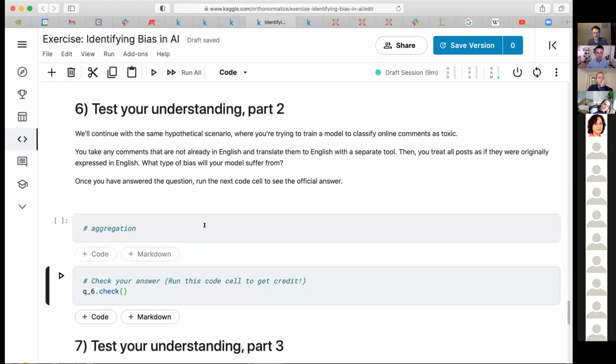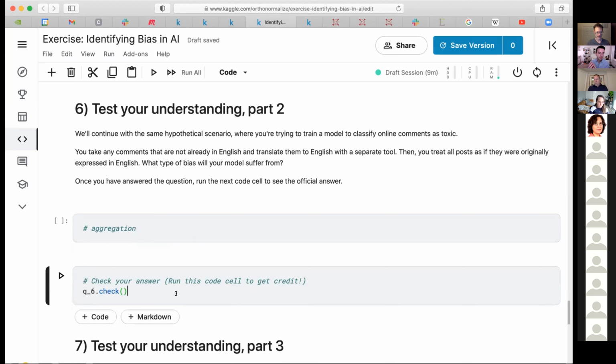I think I answered aggregation bias. Comments that are written in English versus comments that are written in other languages are likely to have been produced by different groups of people with real differences in their own backgrounds, and therefore combining them with no indication of where they came from could produce aggregation bias and hurt model performance.